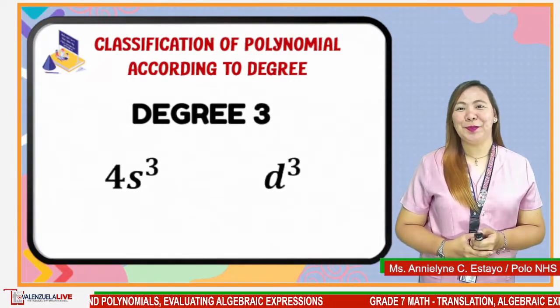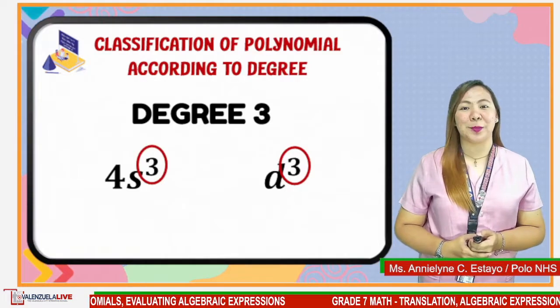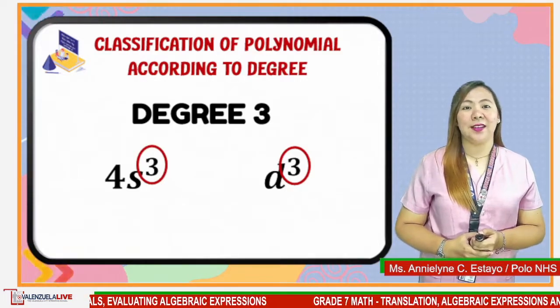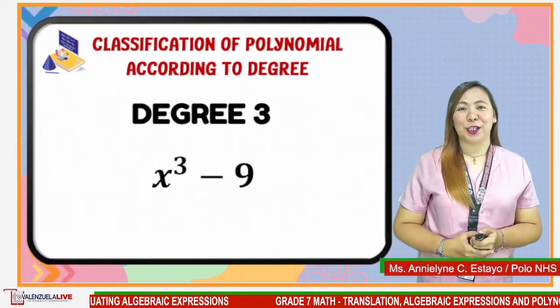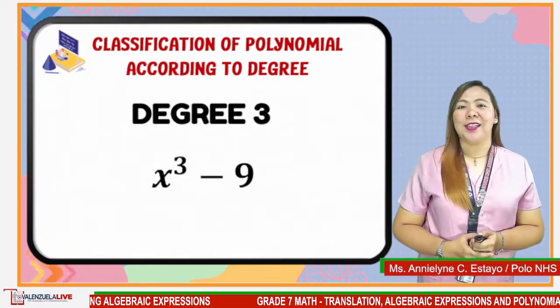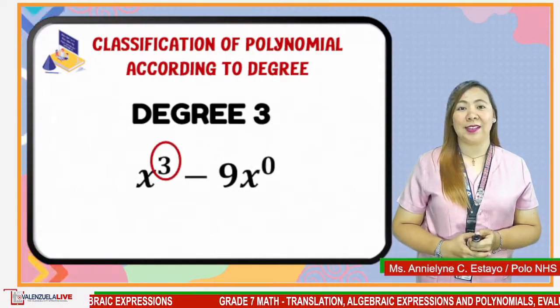4s cubed, d cubed, and other single variables whose exponent is 3 is in the degree 3. X cubed minus 9 is in the degree 3 since the highest exponent is 3.